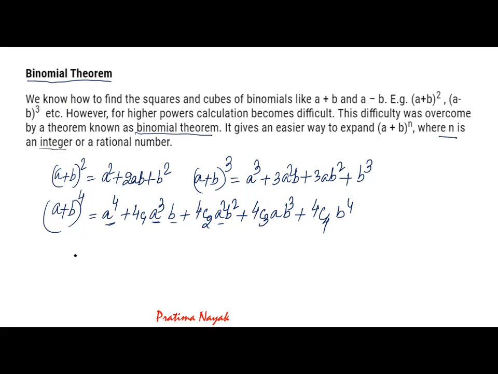where n is an integer, or even for a rational number we can also do. Similarly, I'm writing another one, (a plus b) to the power 6. I'll write 6C0 a^6 b^0.